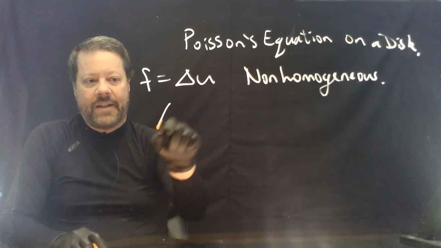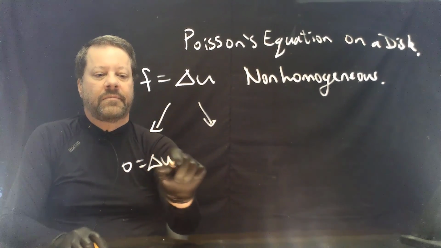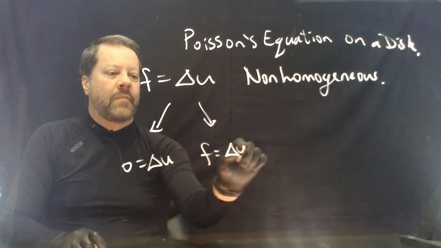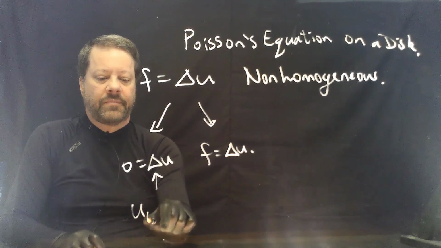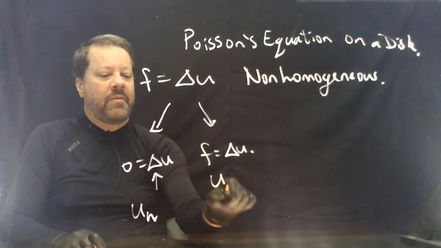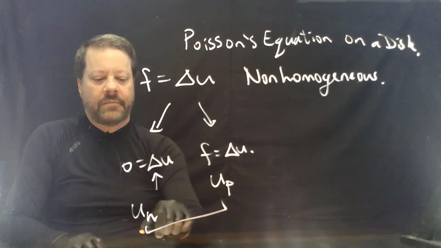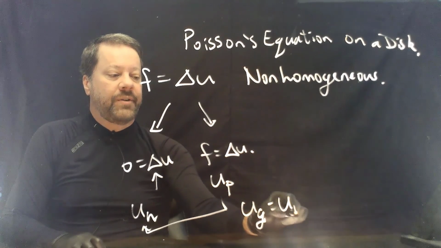The classical way to solve this is to break this into two problems. We'll get the general homogeneous solution, and we'll get a particular solution to the non-homogeneous problem. We'll combine those together to get the general solution to be the sum of the two.